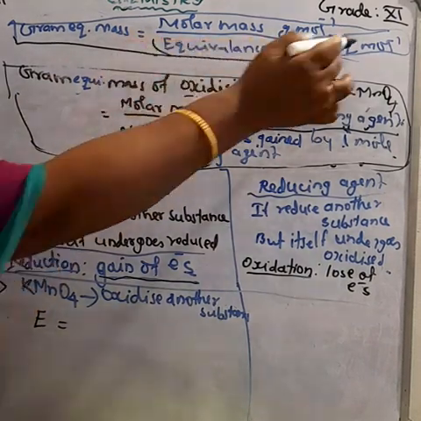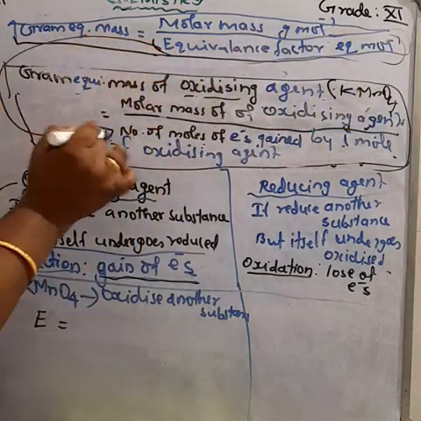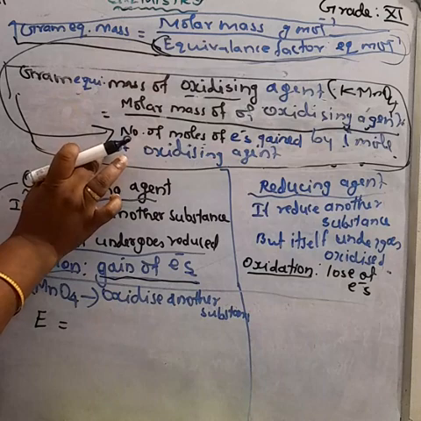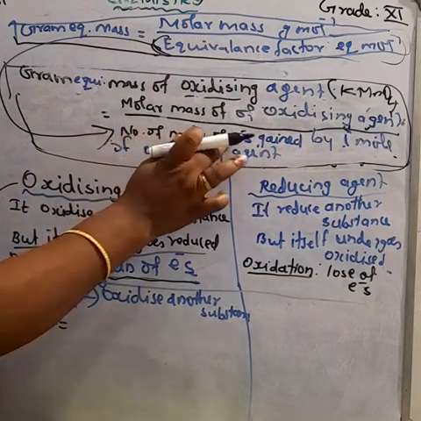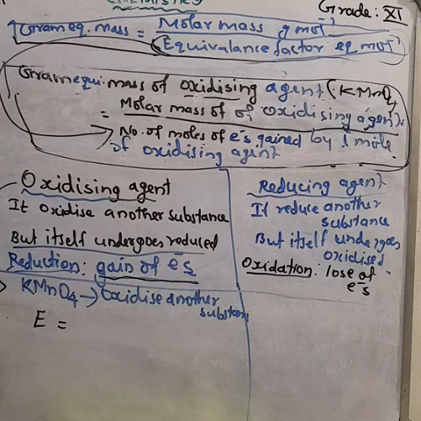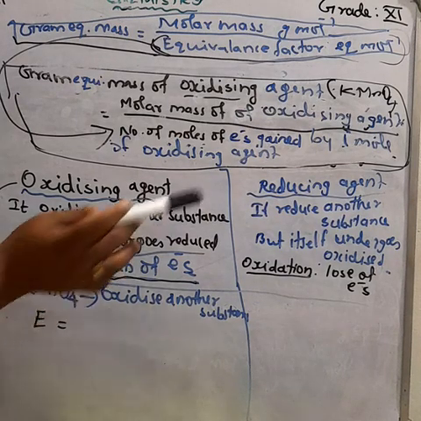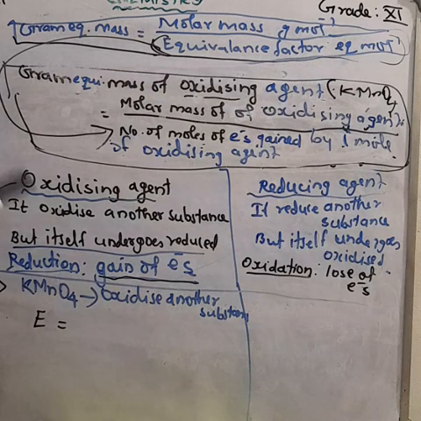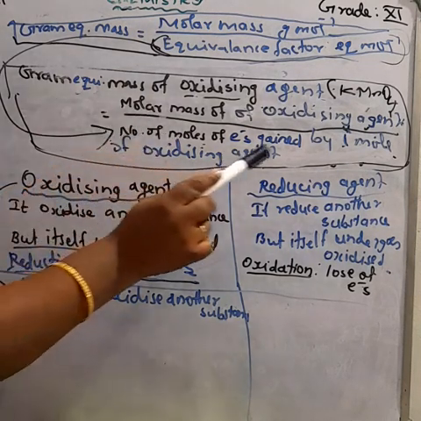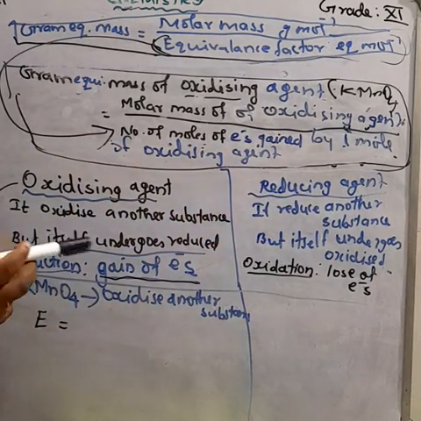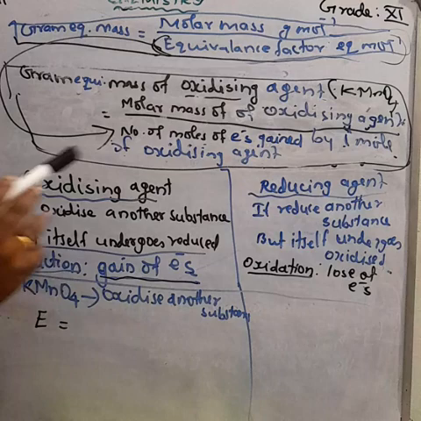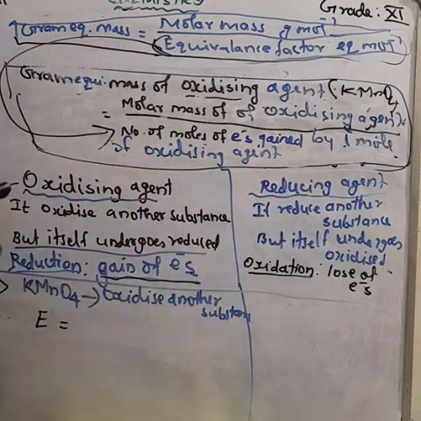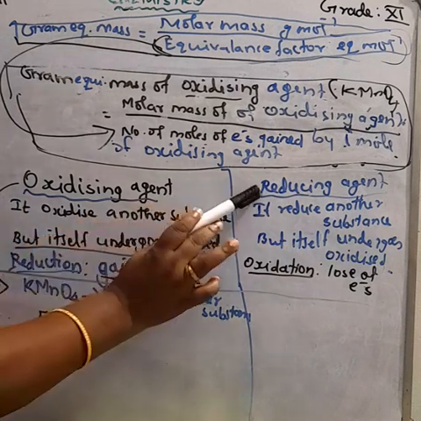Here, what is the equivalent factor? For an oxidizing agent, the equivalent factor means the number of moles of electrons gained. Suppose we were calculating for a reducing agent, the equivalent factor would mean the number of moles of electrons lost by 1 mole of the reagent.